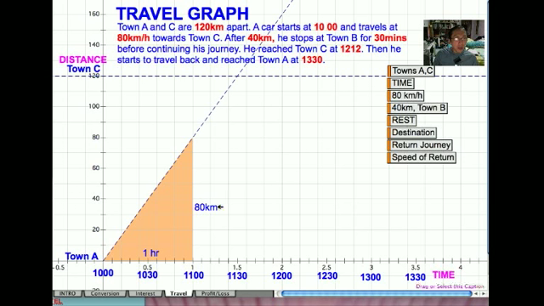This is simply 80 km over 1 hour, or 80 kilometers per hour, represented by the triangle. After 40 km, he reached town B. He traveled at 80 kilometers per hour for 40 km to reach town B.